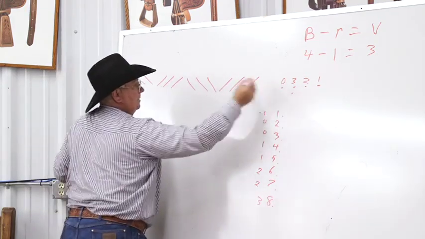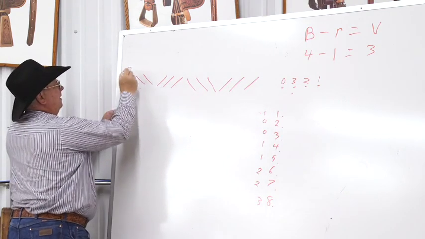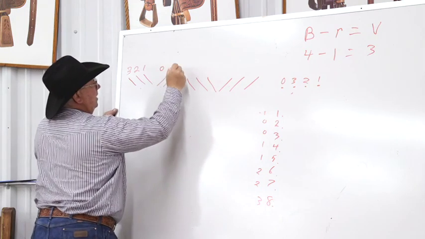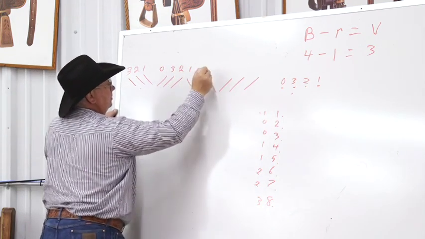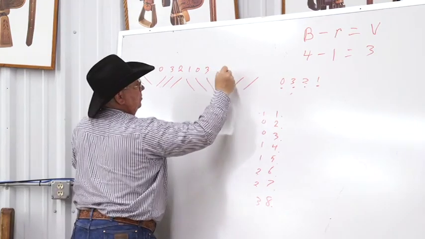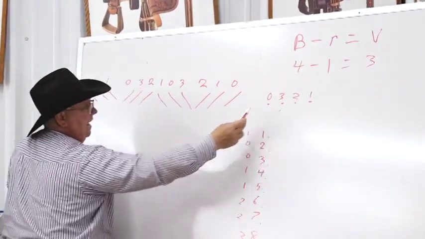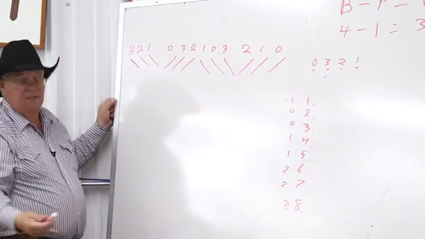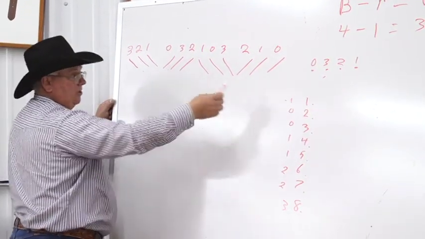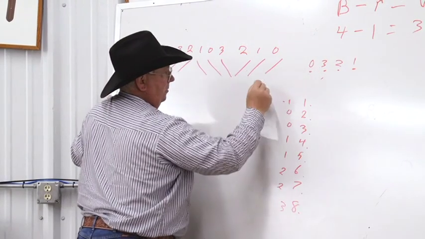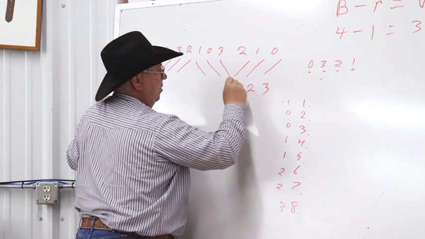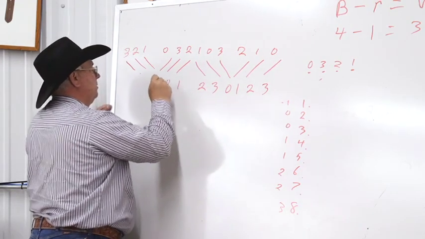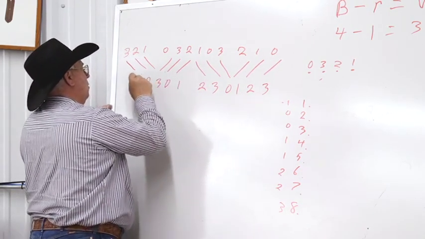Okay, so I'm going to write these. 3, 2, 1, 0, 3, 2, 1, 0, 3, 2, 1, 0. That was just those numbers written across it, and as it runs out, it repeats. Now coming back from the other way, I just write them backwards. Starting at the 3, 3, 2, 1, 0, 3, 2, 1, 0, 3, 2, 1, 0.